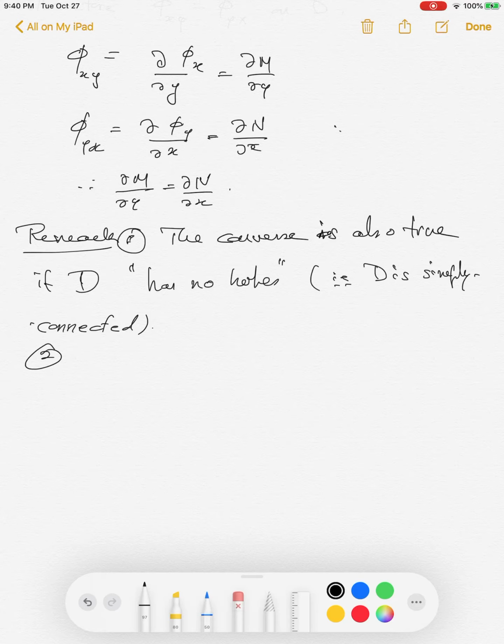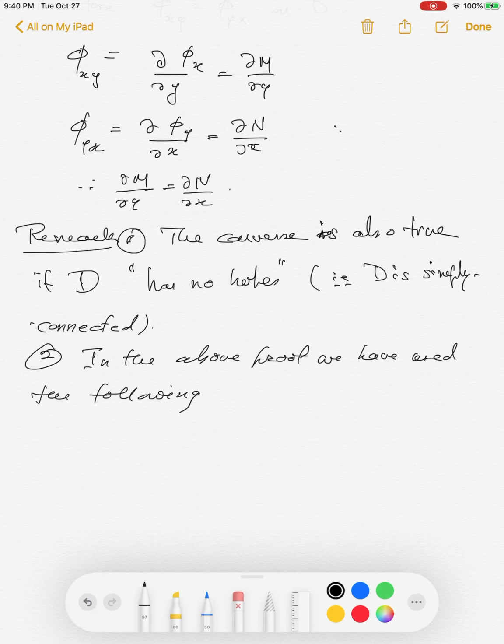So first of all, before I write this as a theorem, in the above proof we have used the following result.